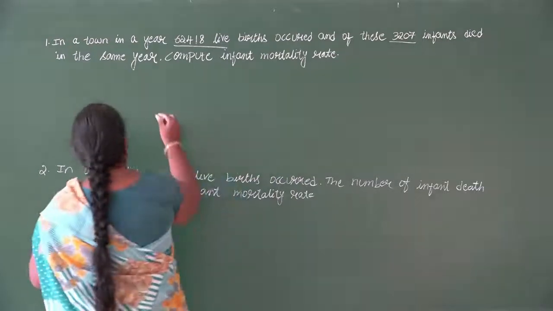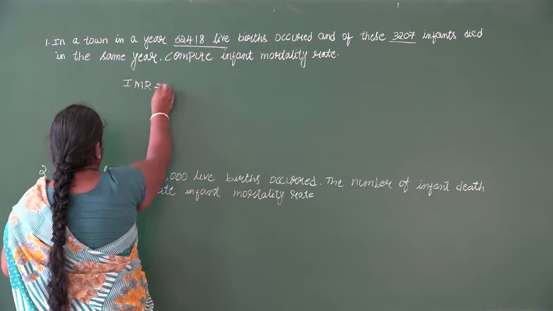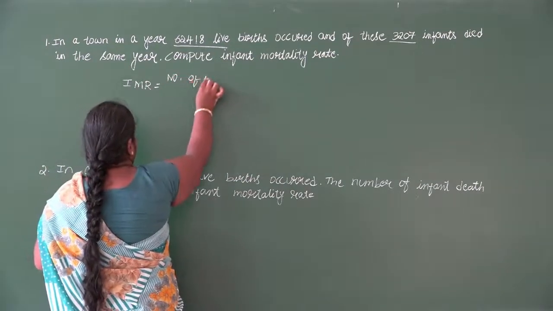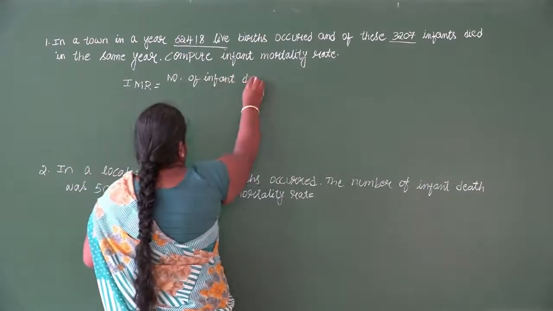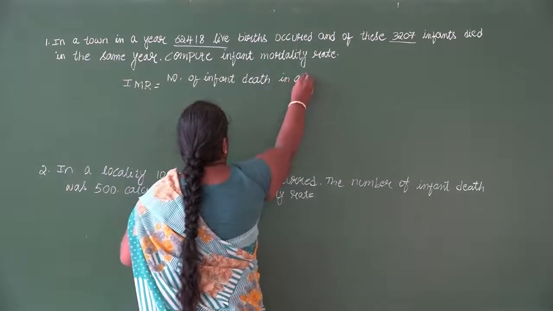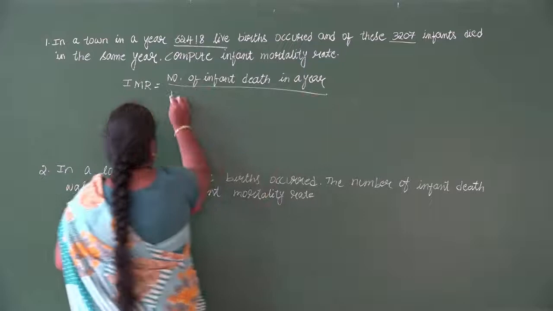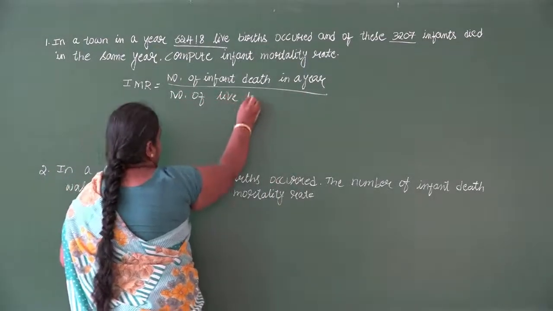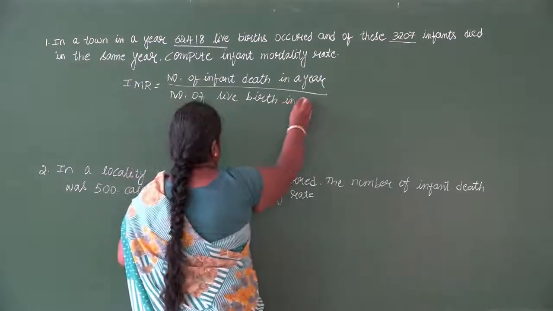First we have to write the formula of infant mortality rate. IMR equals number of infant deaths in a year divided by number of live births in a year into 1,000.